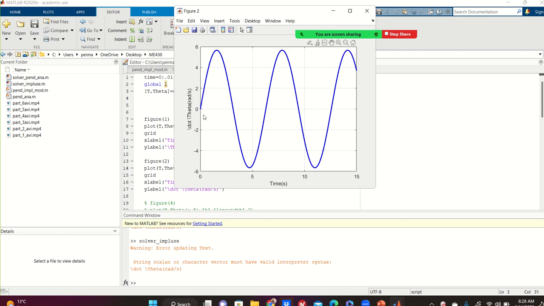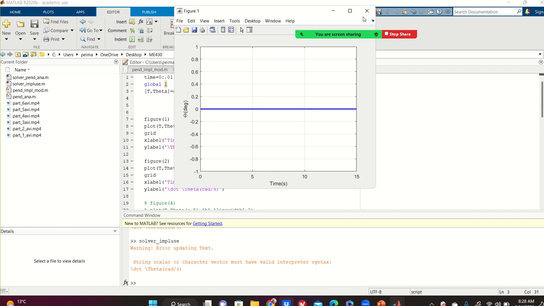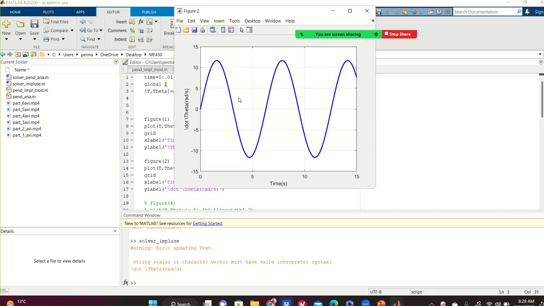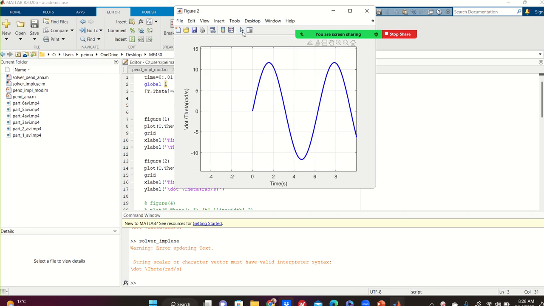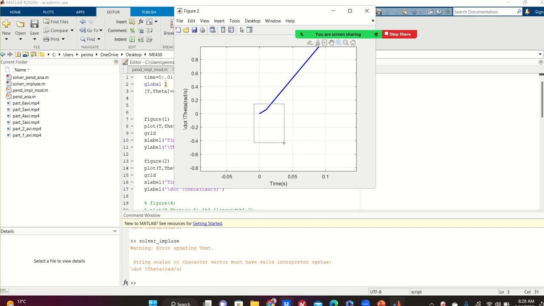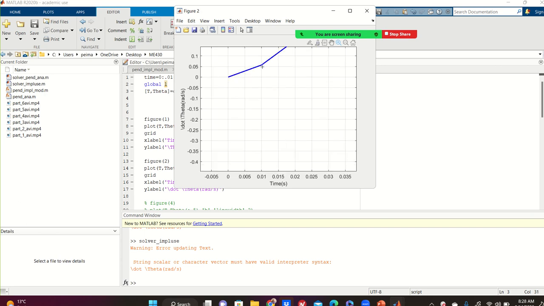But you see, when I apply the impulse, the system is going to oscillate. Now we can make it this huge value. If I zoom this area in, see, this is the effect of the impulse.